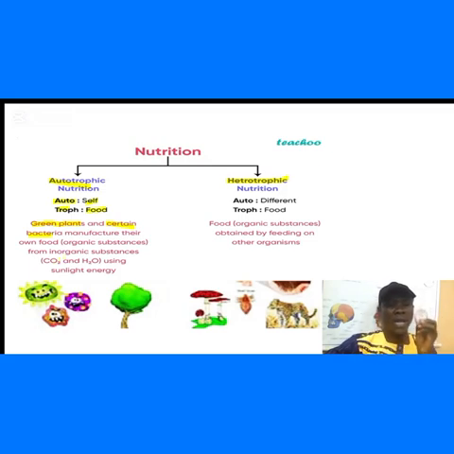For example here, let's look from what we have on this slide. We have CO2 and we have water here, H2O. The CO2 is carbon dioxide. So plant is making use of this CO2 that is not living. The water that is not living, even though they say water is life, but water is not a living organism, in the presence of sunlight to manufacture their own food.